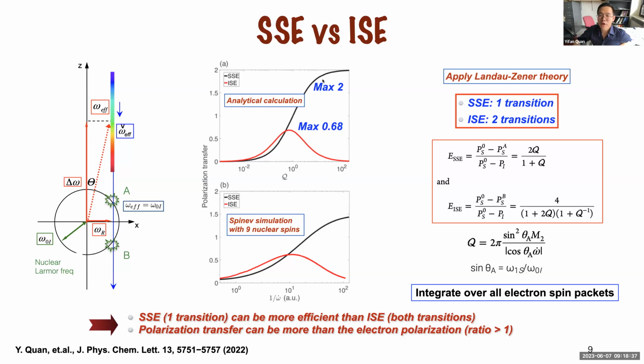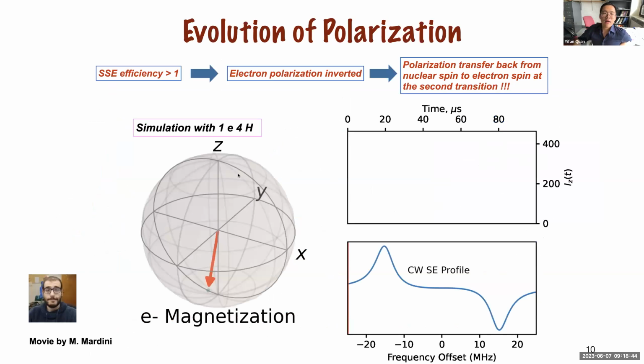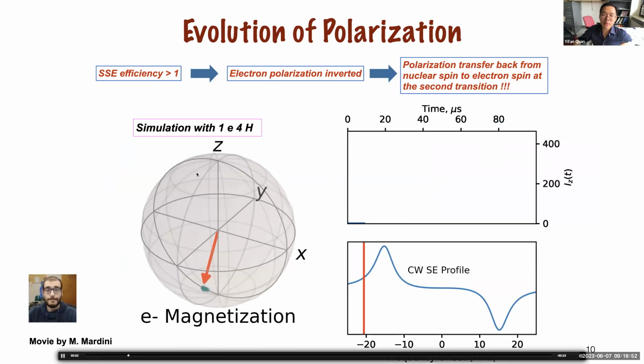Actually, this inversion of the electron spin polarization explains why it's more efficient to just stop. Here we show a nice movie by our PhD student Michael Mardini. Here we plot the simulation results using SpinEv simulation. Here we show the electron polarization trajectory during the chirped pulses, and here is the nuclear polarization.